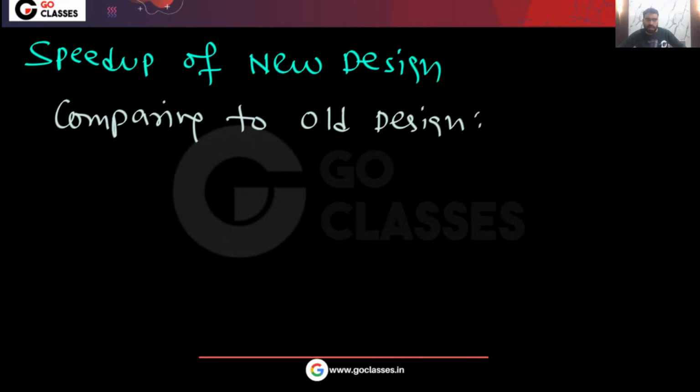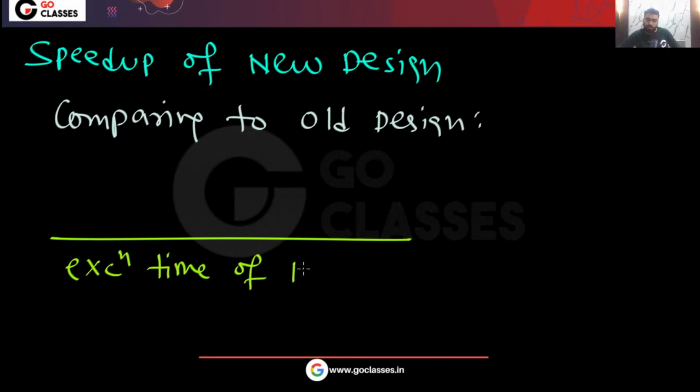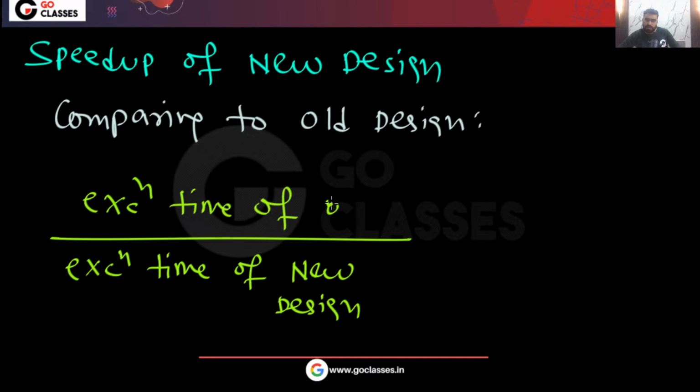The execution time of the new design will come in the denominator, and the execution time of the old design will come in the numerator.